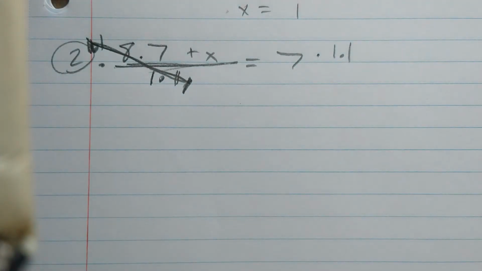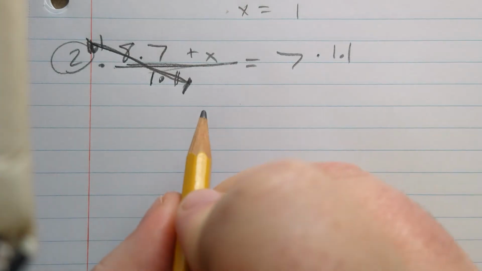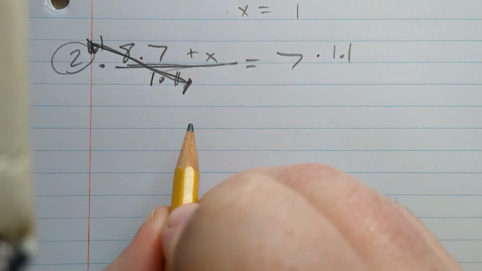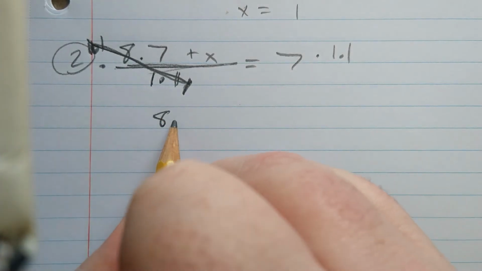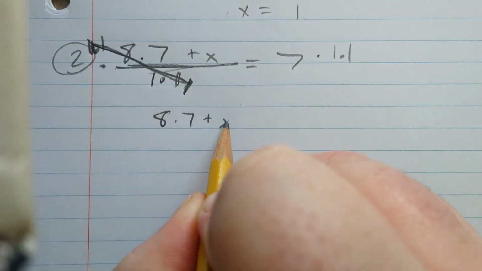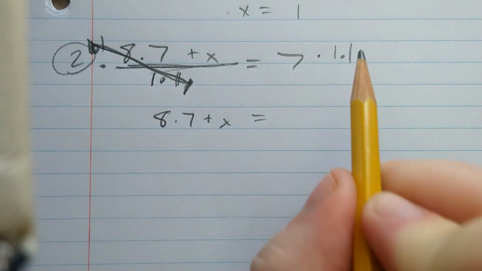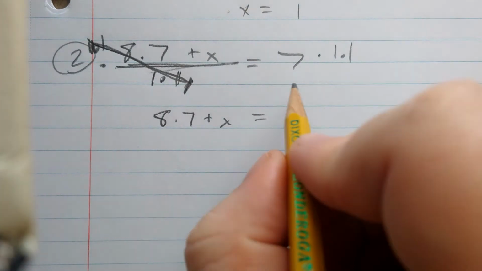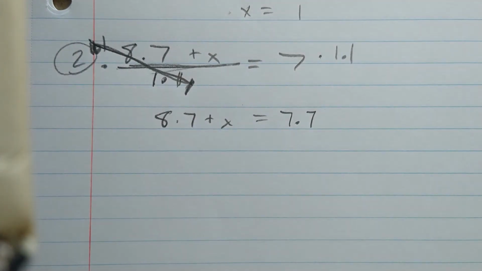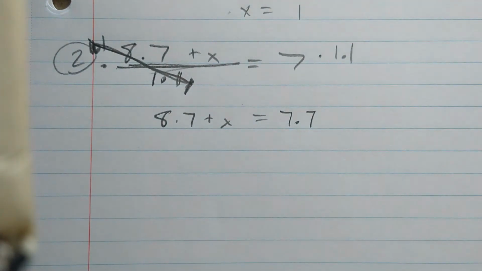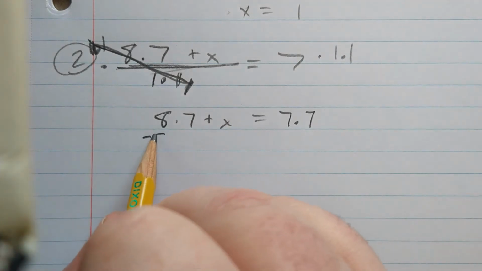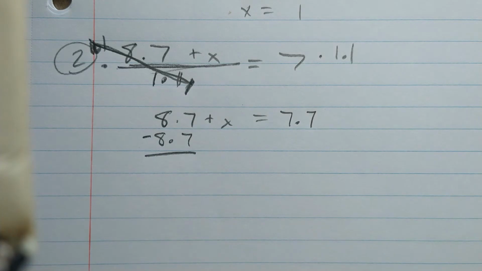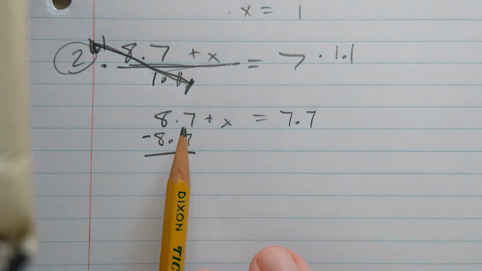Okay, so 7 times 1.1, and then that's going to leave me with 8.7 plus x equals, well, you could use a calculator for this if you wanted. It is 7.7.